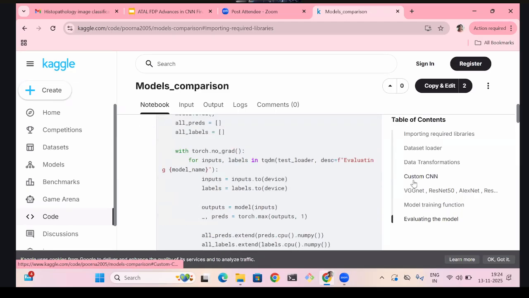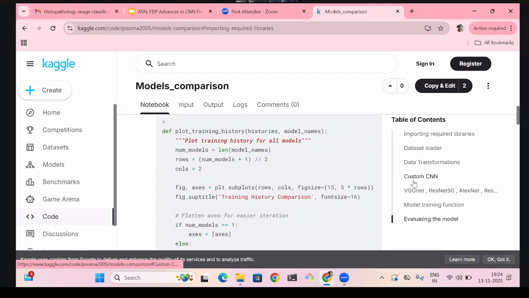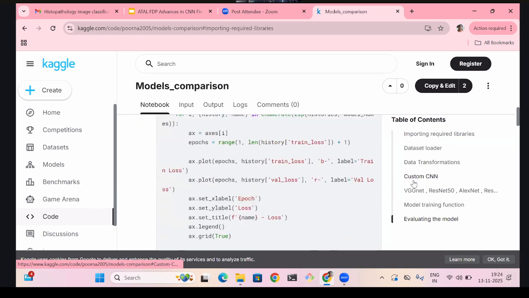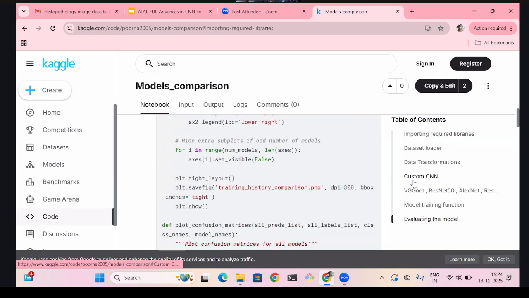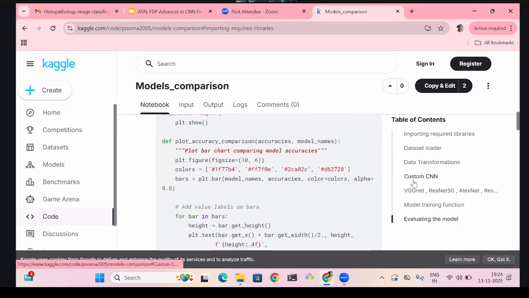Evaluating the different models, and visualizing how the different models have performed on our data set.